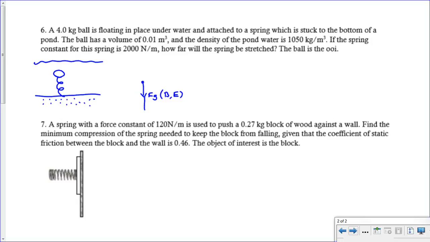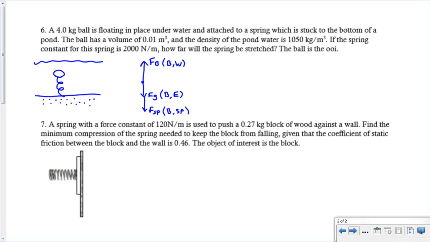We also have F spring, which is an elastic force on the ball by the spring. And then the buoyancy force is upward, Fb, on the ball by the water.